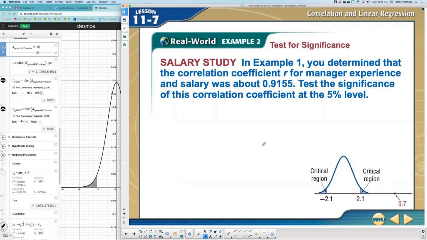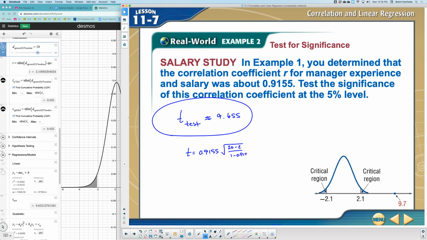Okay. So my t-test provides the value. The t-test is going to equal 9.655. And I'll do squigglies just to say that's approximately, I'm rounding that. That's what I got here by plugging in the values. Again, you would be plugging in the t equals, or the t-test, if you will, R was 0.9155 times the square root of 20 minus 2 over 1 minus 0.9155 squared.